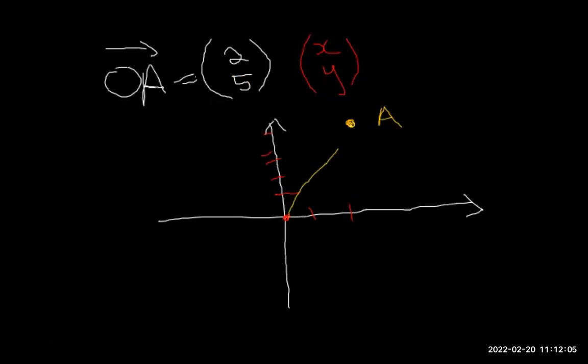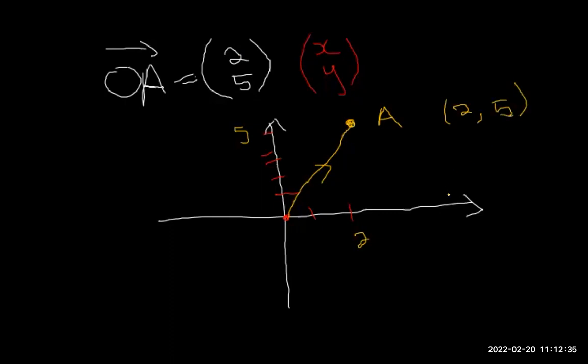So you would draw your line, draw your arrow, whatever, right? The position vector, so this 2, 5, actually helps me to find the coordinates of the point A. If I wanted to find the coordinates of the point A, I would say that the x value is 2, okay, and then the y value is 5. Therefore, the coordinates of this point right here is 2, 5.